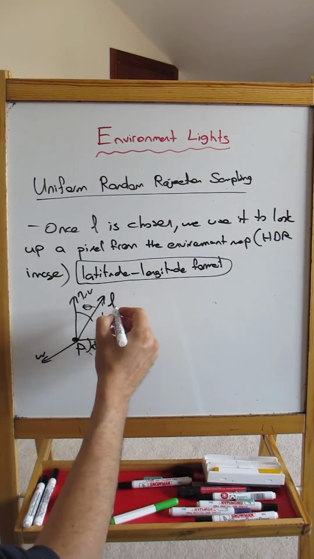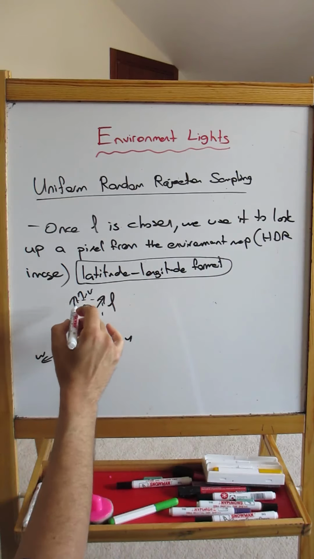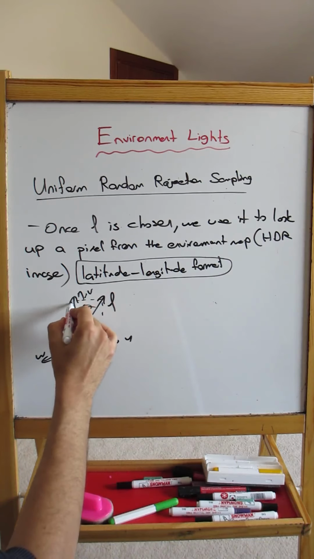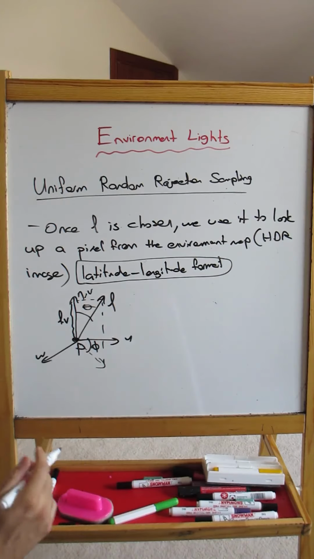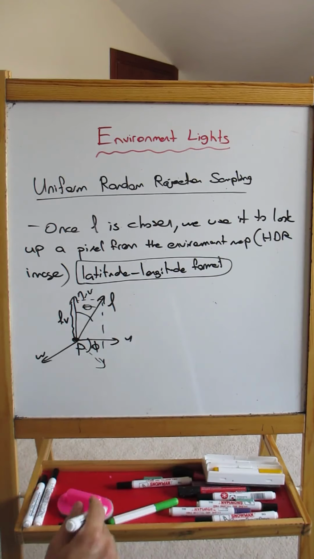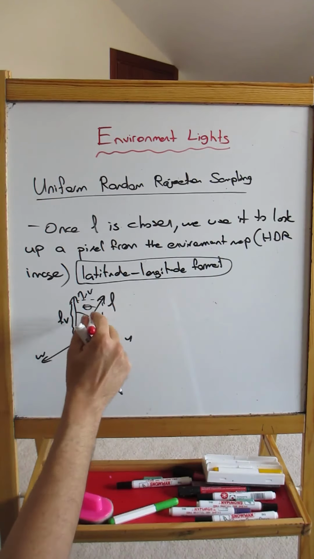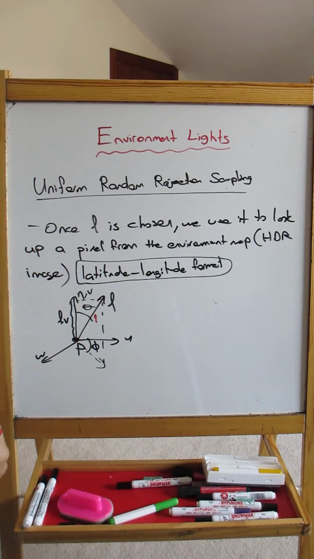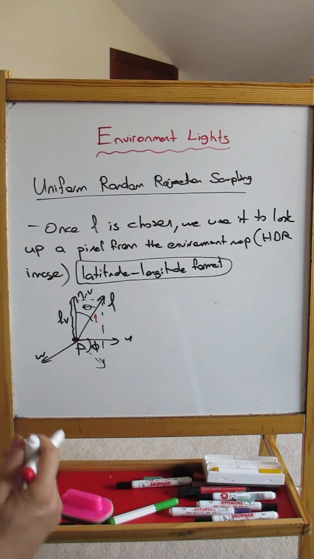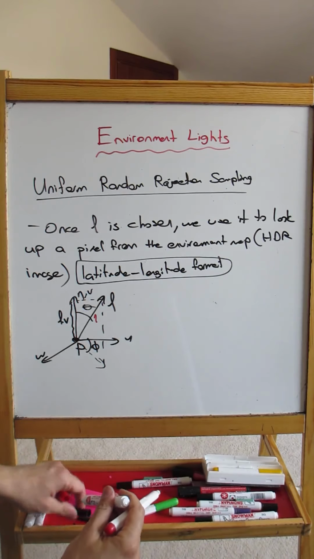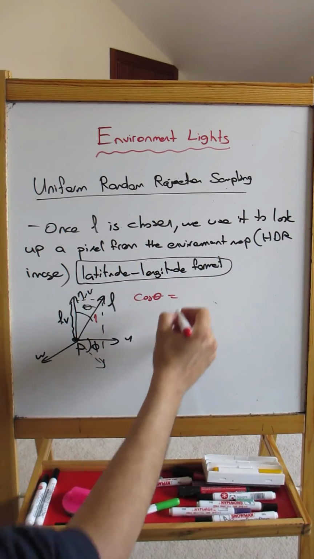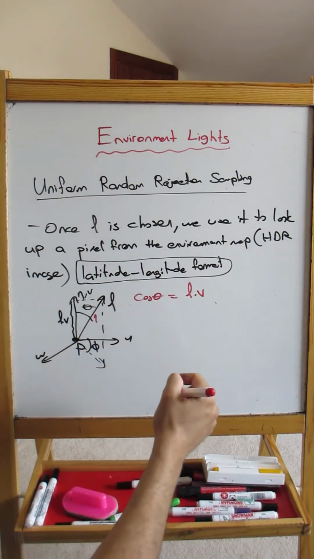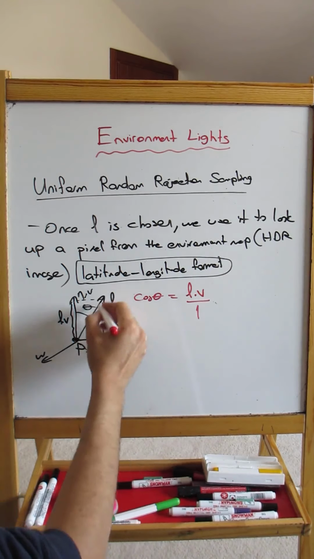So theta can simply be found. If you look at this part, this direction is L dot V. And this distance is 1 because L is a unit vector. So we can see that cos theta is equal to the second component of L, divided by 1, the hypotenuse.